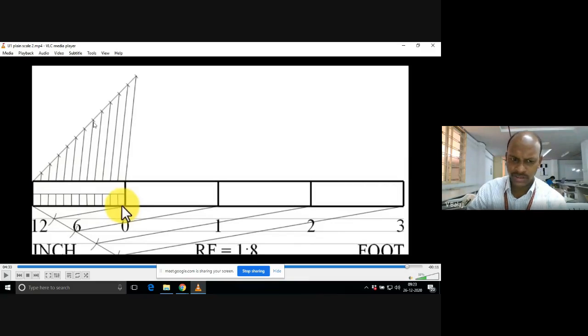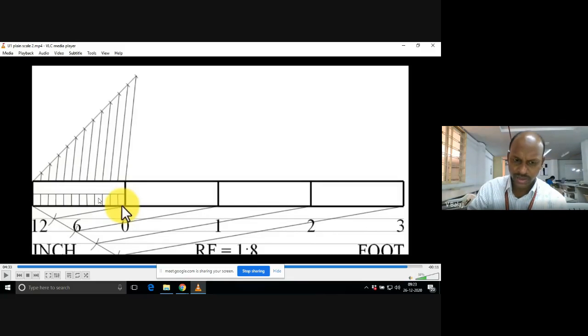What are the modifications to be done? Anyone in the class? Suppose forget about this foot I have written here. If you write here yard, all to the right hand side of the 0 mark, all these are yards, 1 yard, 2 yards, 3 yards. Okay, to the left hand side I left one part blank, so it is one complete yard.